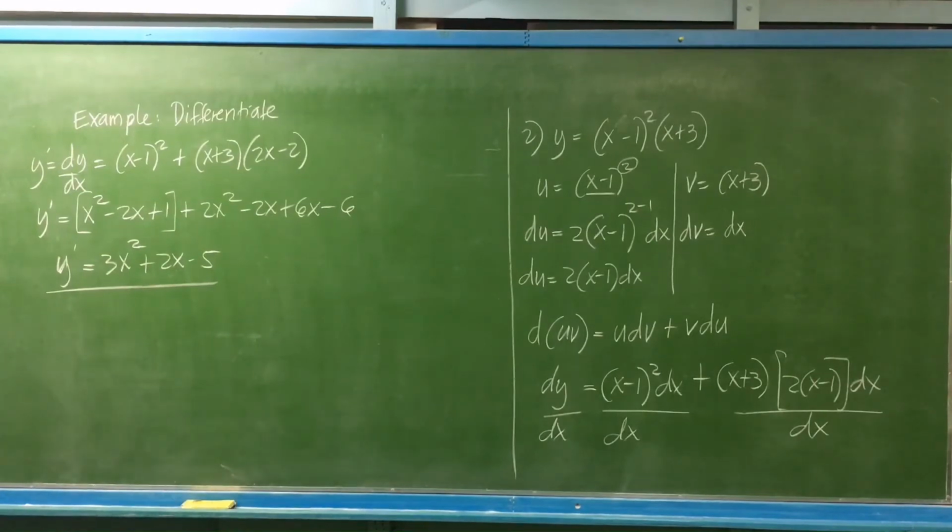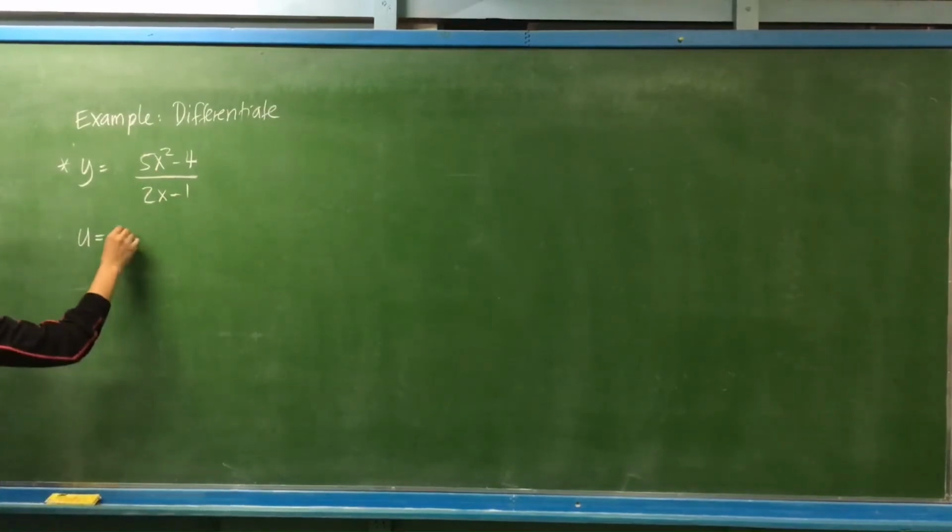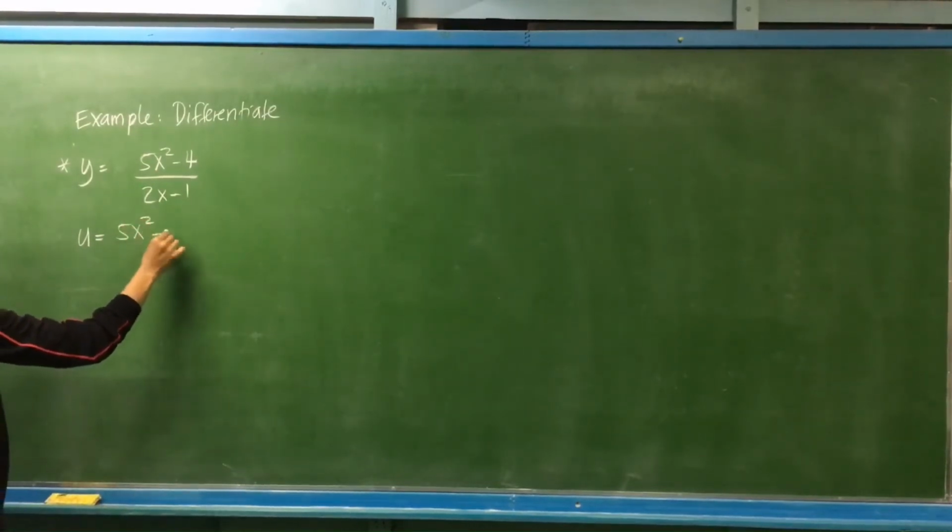Now, the derivative of a quotient. For example, we have y is equal to (5x squared minus 4) all over (2x minus 1). Our numerator, that is u, is 5x squared minus 4.